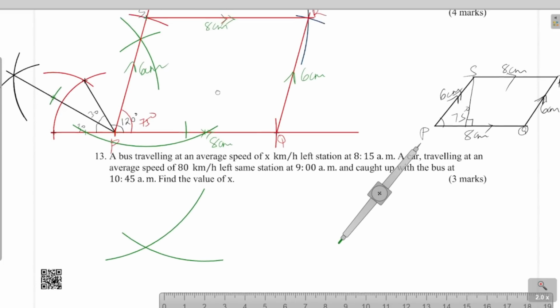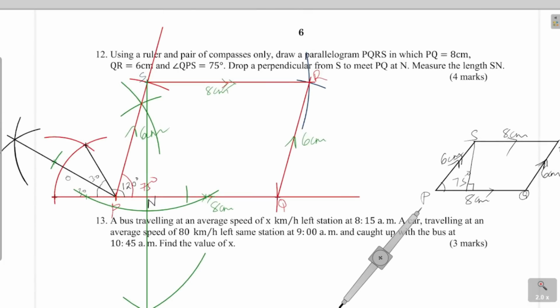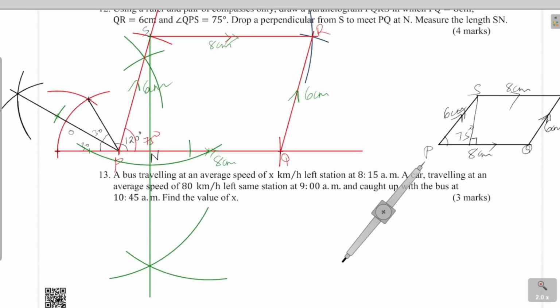After doing that, you can join this point with the point of intersection of that arc. So you've dropped the perpendicular. It is meeting this line here at N. So this is point N, like that. And you're supposed to measure SN. That is from the question, measure the length of SN.